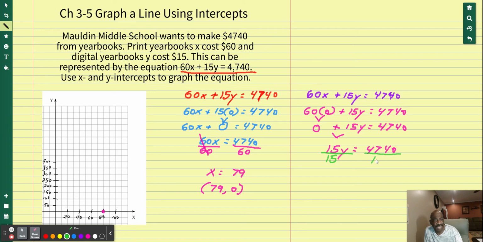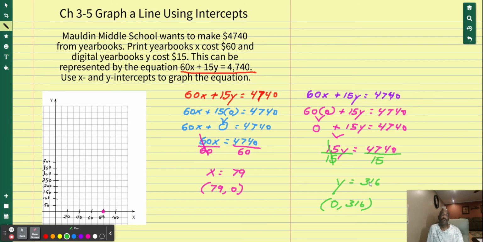Why am I dividing by 15? So that they will cancel. 15 divided by 15 is 1. That's what I want. I want 1y. So y now equals 316. My ordered pair would be 0, 316. All right.